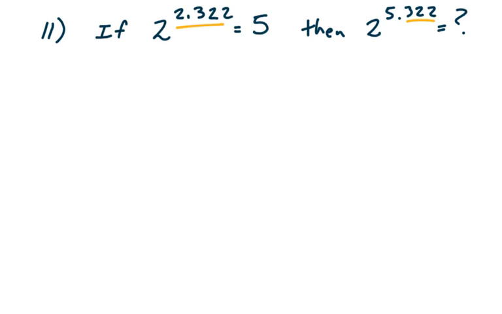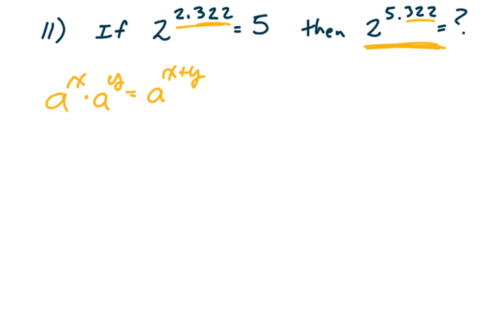Okay. Well, we know this weird 322 thing is seen here, right? And we know that we can kind of make this number, 2 to the 5.322. We can maybe use this rule. It says if I have a raised to the x times a raised to the y, that's going to be a raised to the x plus y.